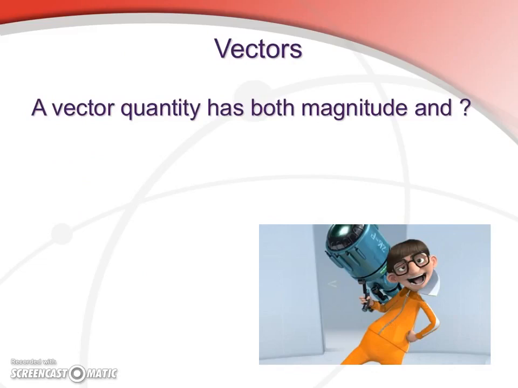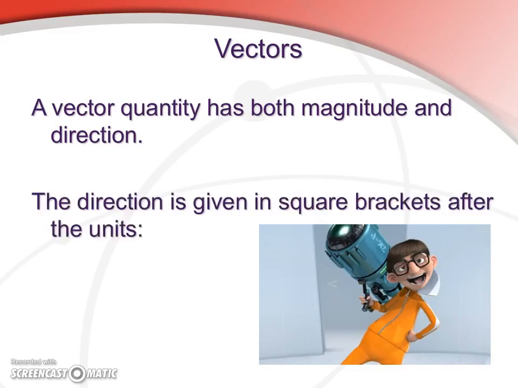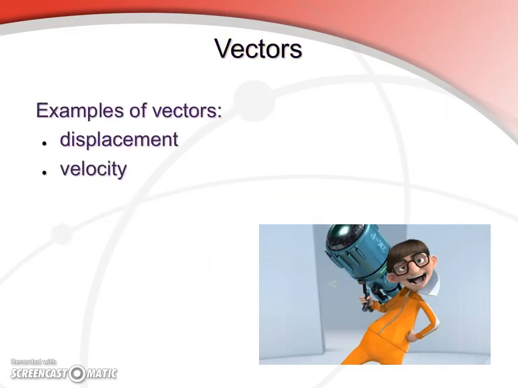Alright, so quick question. A vector quantity has both magnitude and what? Well, the answer is it has a direction. So it is some value applied through a direction. And the convention for this is pretty simple. We give a magnitude with units, and then in square brackets we talk about the direction that it's applied.